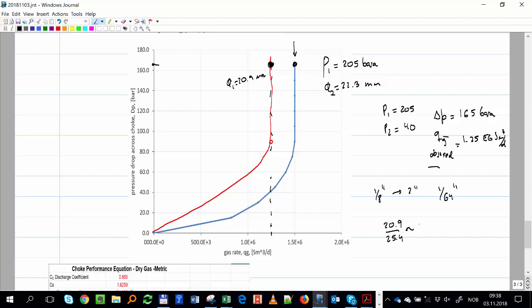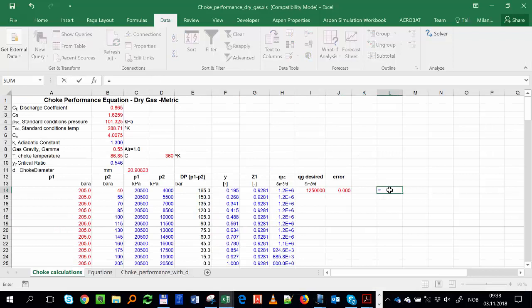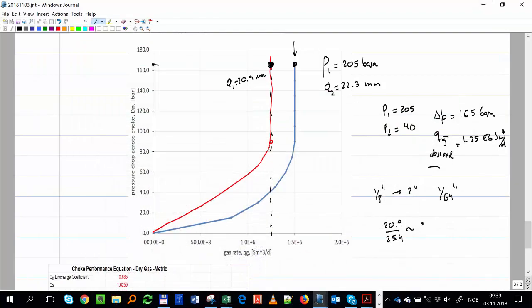That's almost like an inch. Okay, 0.82 of an inch. Why 25? Because 1 inch is 25.4 millimeters. So it's just dividing to know how many inches we have, and then from there you can select your choke. It's probably going to be 3/4 plus 1/64 or something like that.